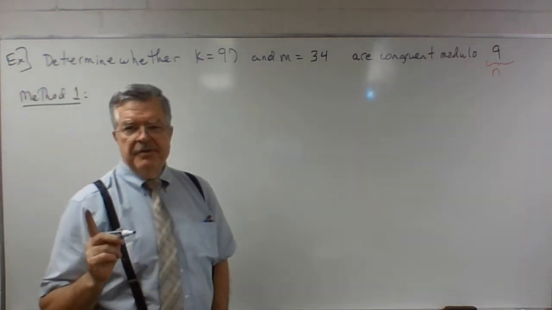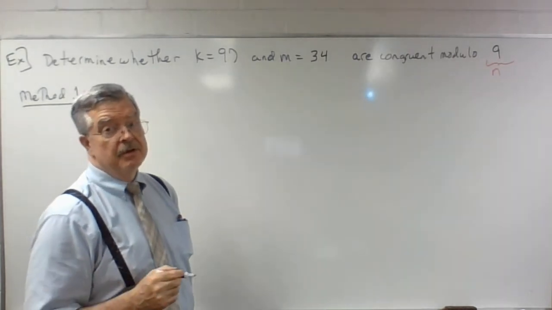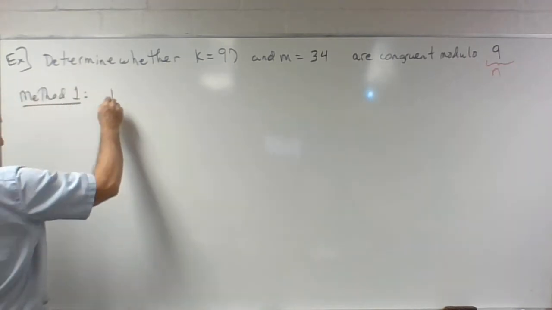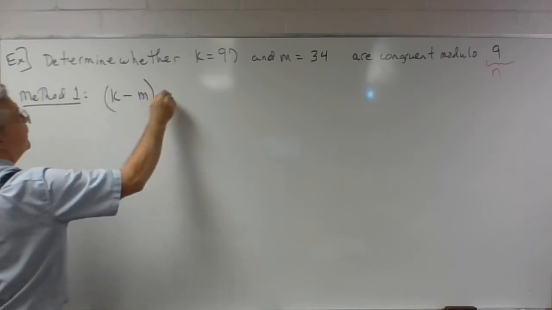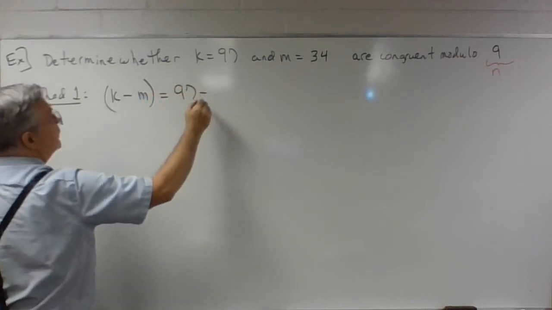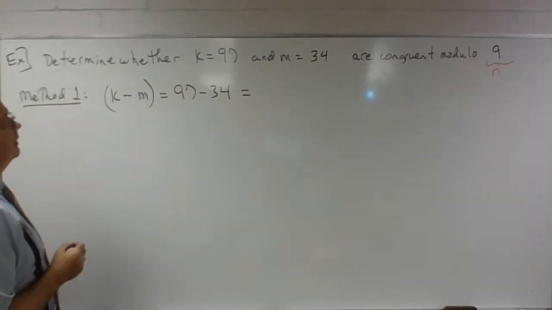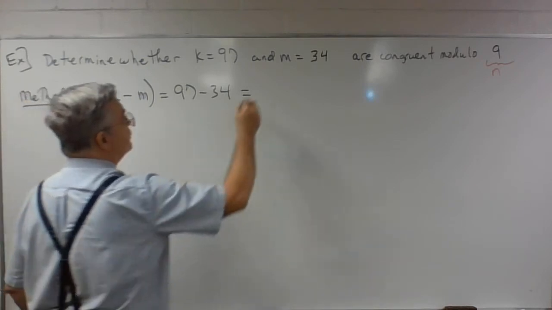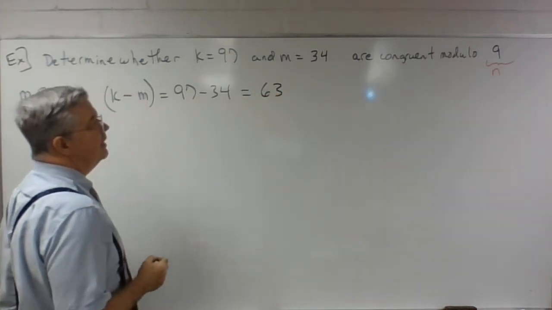First, let's look at the difference and see if the difference is a whole number multiple of n. So we'll take k minus m. 7 minus 4 is 3. 9 minus 3 is 6, so the difference is 63.